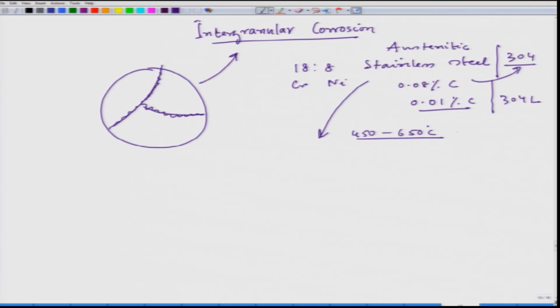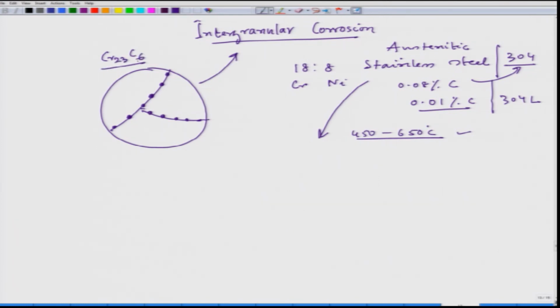Now, when we hold this steel around this temperature region, and we have these grain boundary structures, chromium carbide nucleates along the grain boundaries. This is chromium carbide, Cr23C6.